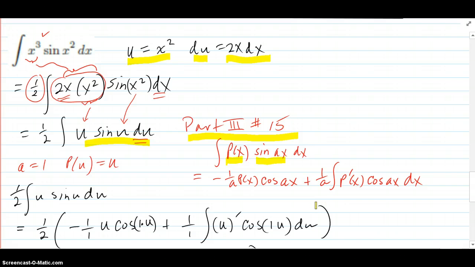So the a is 1 because it's a 1u. The polynomial is just the u.